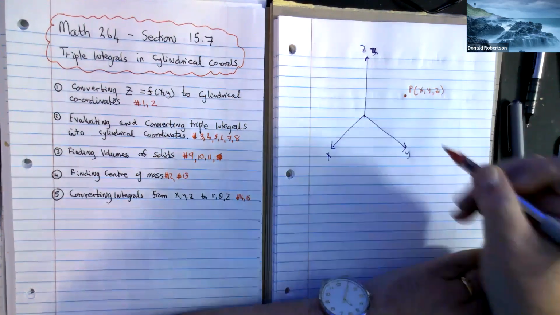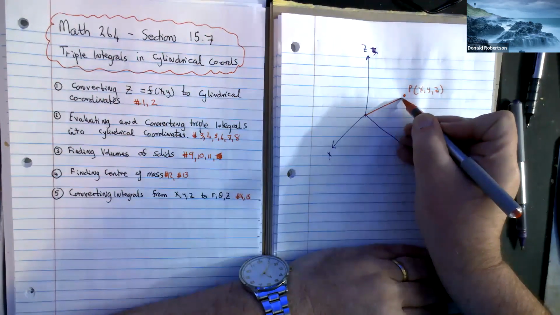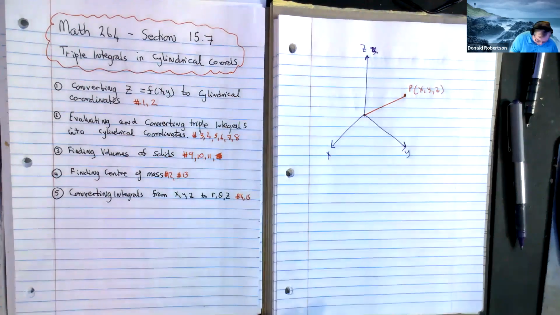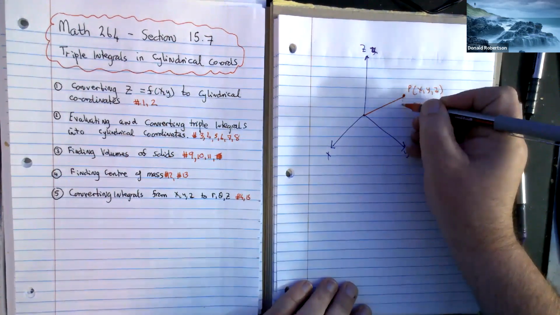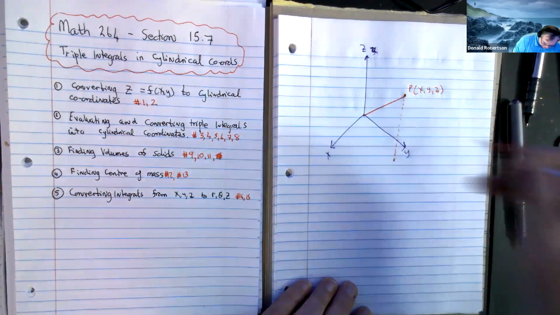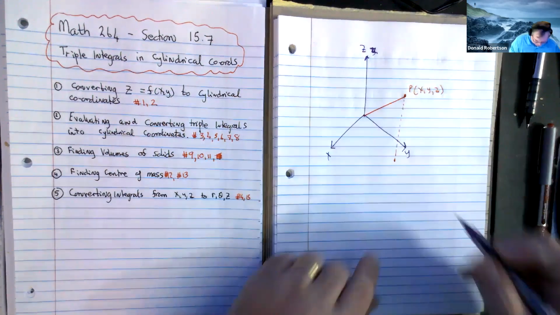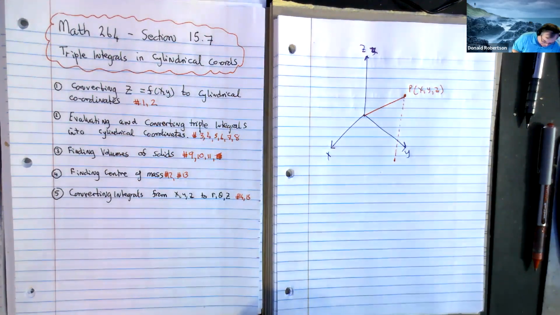It's the one we use more than any of the others. And if you draw a line from the origin to that point, and then you imagine a vertical line coming down, we can describe this point using the coordinate system called cylindrical.